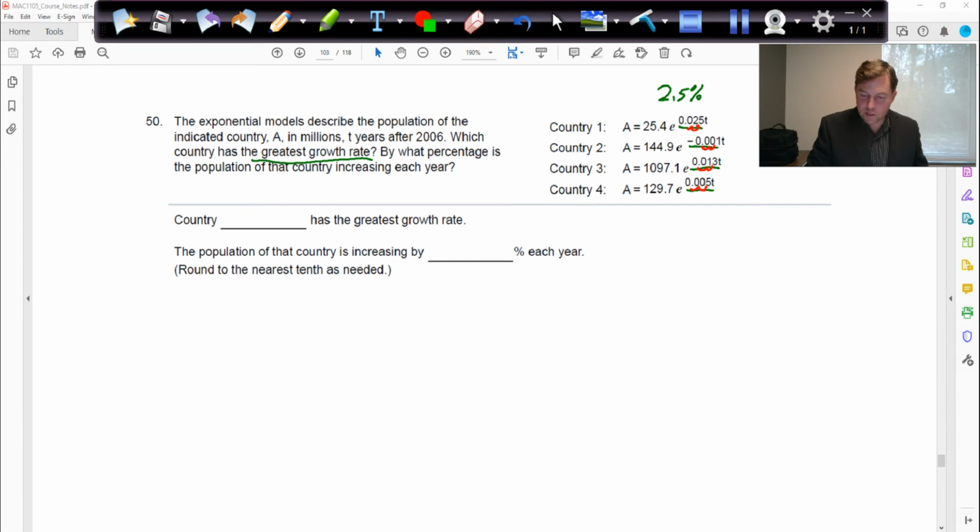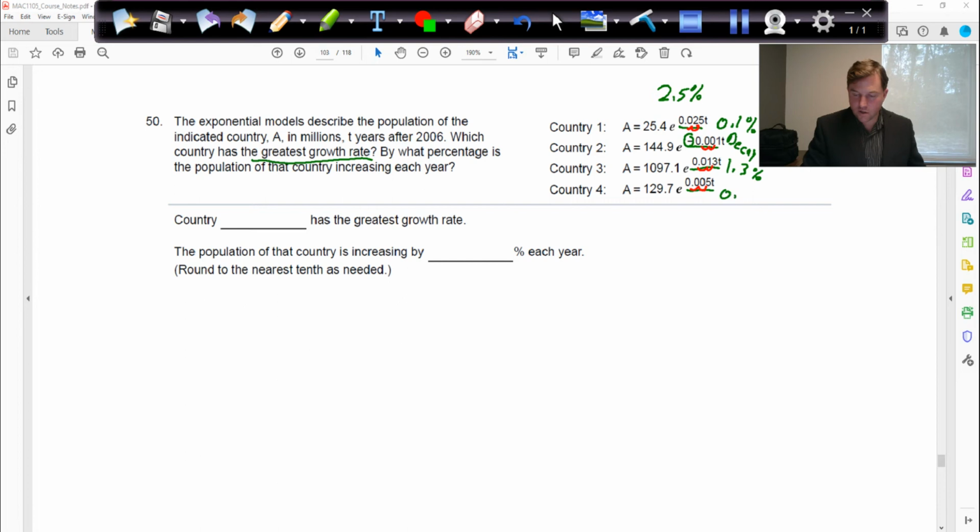This next one would be 0.1%, because the decimal is before that 1 there. But notice country 2, that's decay. So this minus sign means that this country is actually decaying or getting smaller. The population is shrinking. This next one is 1.3%.